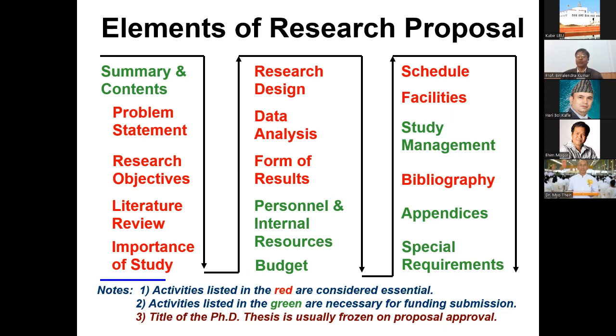Then you have to write the literature review: what books, primary sources and secondary sources have been written on this topic, and what are the gaps in knowledge which have not been taken care of by our previous scholars.